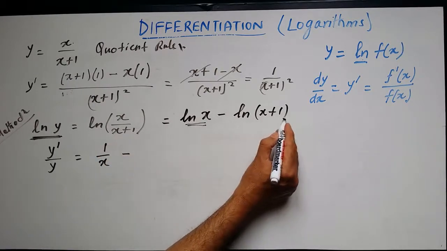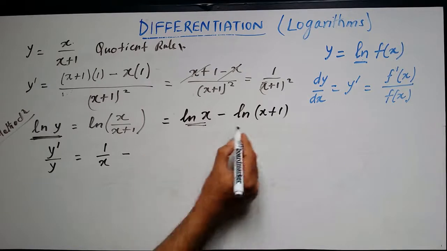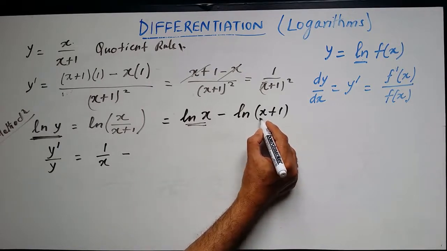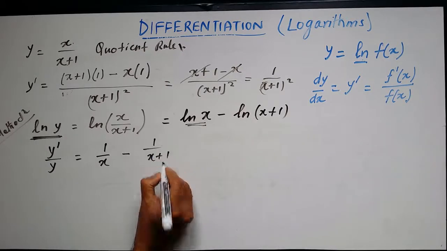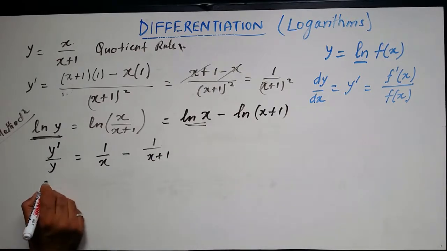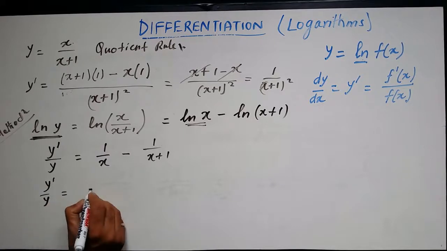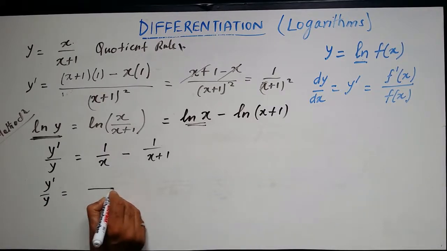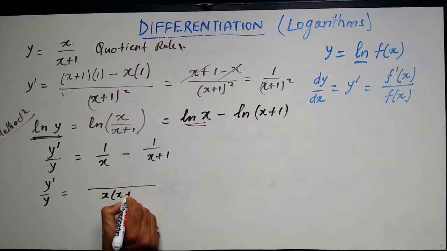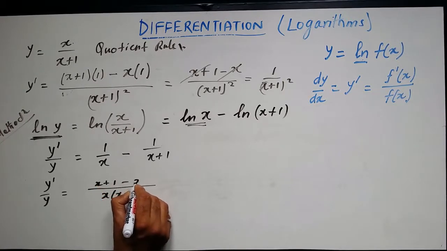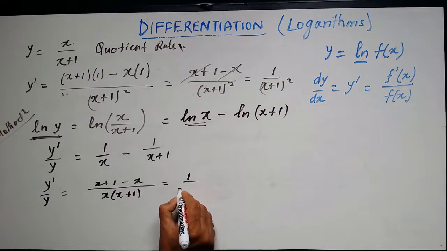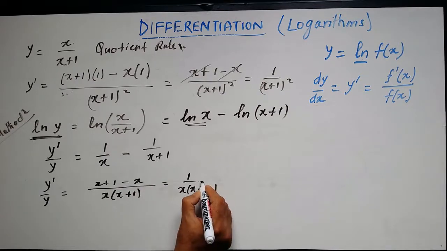And what is the derivative of ln of x plus 1? It is 1 upon the function itself, that is x plus 1. So we get y dash upon y is equal to, if you take the LCM, x plus 1 minus x, which is equal to 1 upon x into x plus 1.